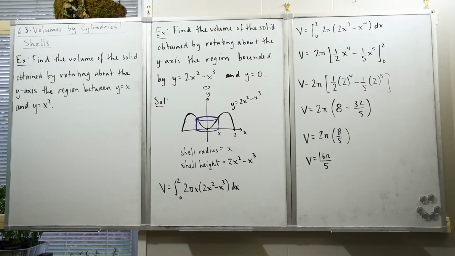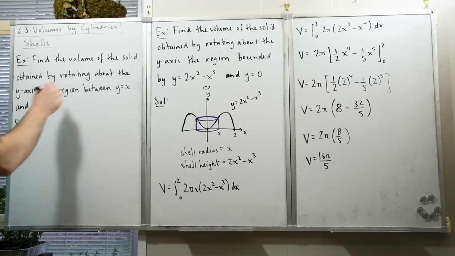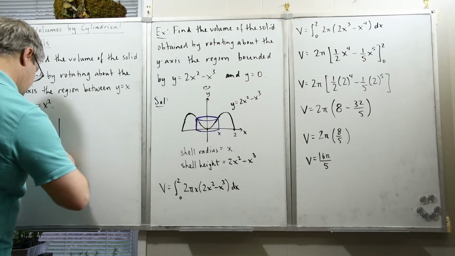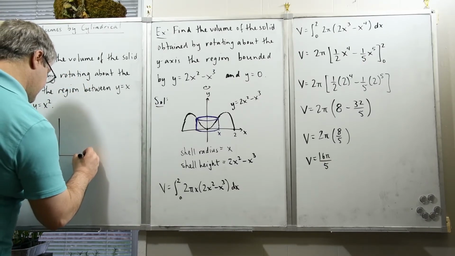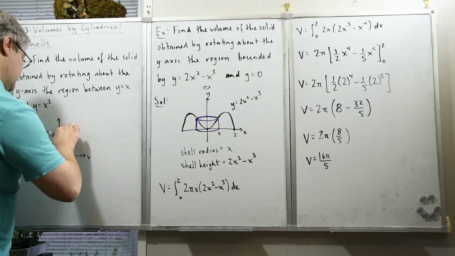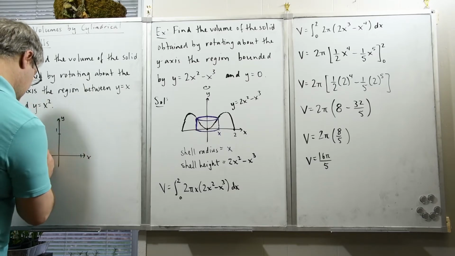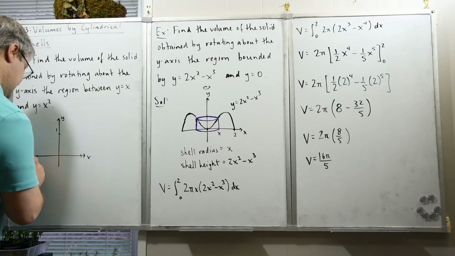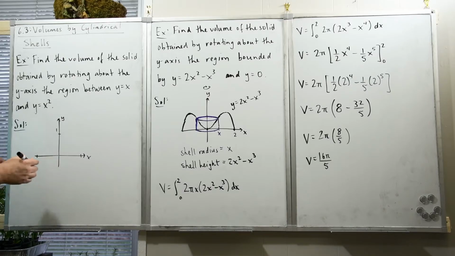Now, if you're thinking that this seems a bit on the familiar side, well, it is, because in the previous section we looked at things very similar to this. But once again, we're doing a rotation about the y-axis. Let's take a look at our region. So y equals x.